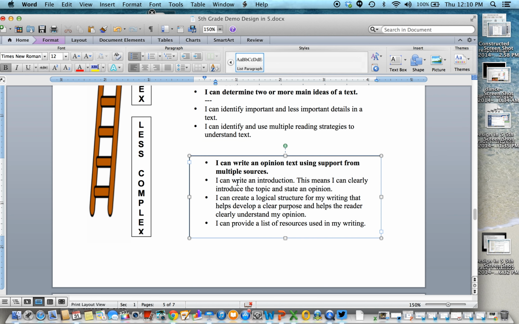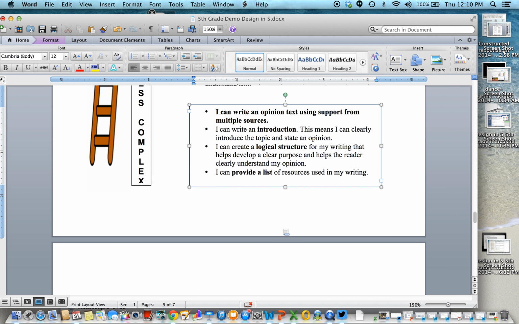Not so much that we're going to order them, although some are a little more complex than others. So this is clear introductions, and this gives us a little idea. This is logical structure, so that's going to be a criteria in my writing. And then providing a list of resources so that they have those resources, but that's mostly, is it right or wrong? So this would probably be the most simple part of this.